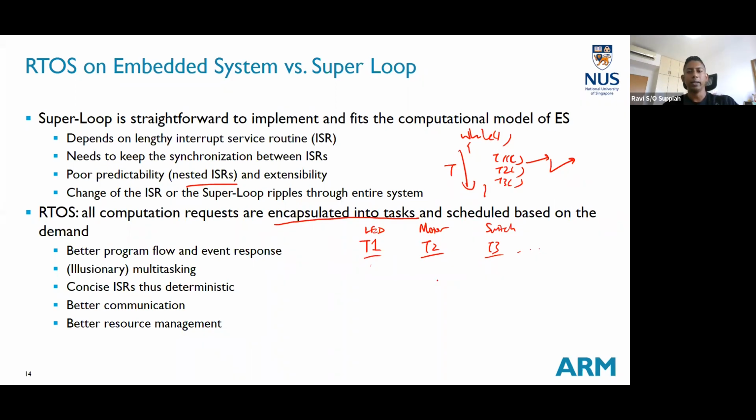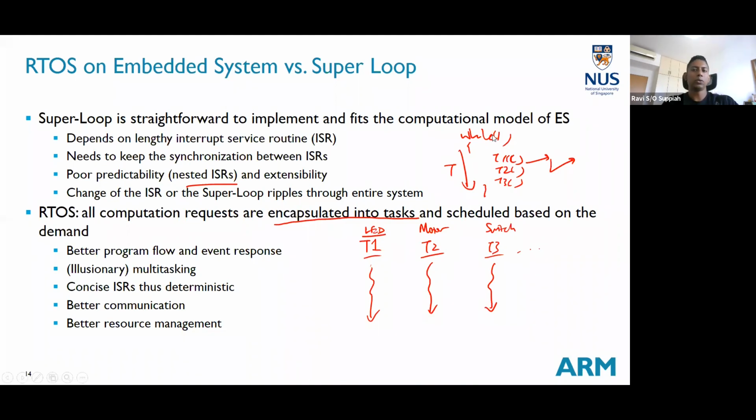All right, and the way we are going to be developing our architecture is each of them will run as if they own the CPU to itself. They will run on their own, but at the same time, we know that there is always some dependency, some communication that is required between the tasks. So the LED, for example, should light up when the switch is activated.